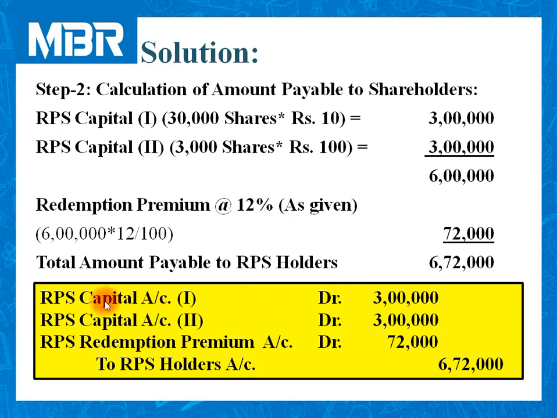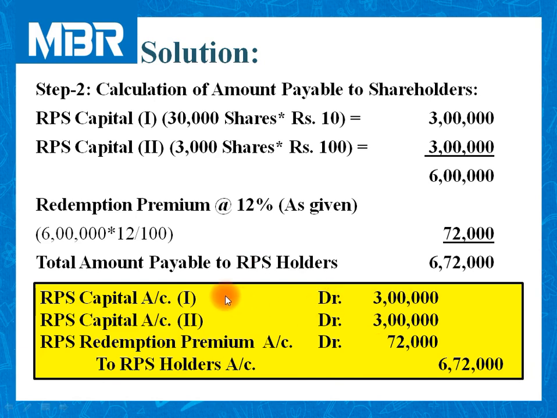Journal entry: RPS Capital account 1 debited by 3 lakhs. RPS Capital account 2 debited by 3 lakhs. RPS redemption premium account debited 72,000, and total amount payable to RPS holders 6 lakhs 72,000.